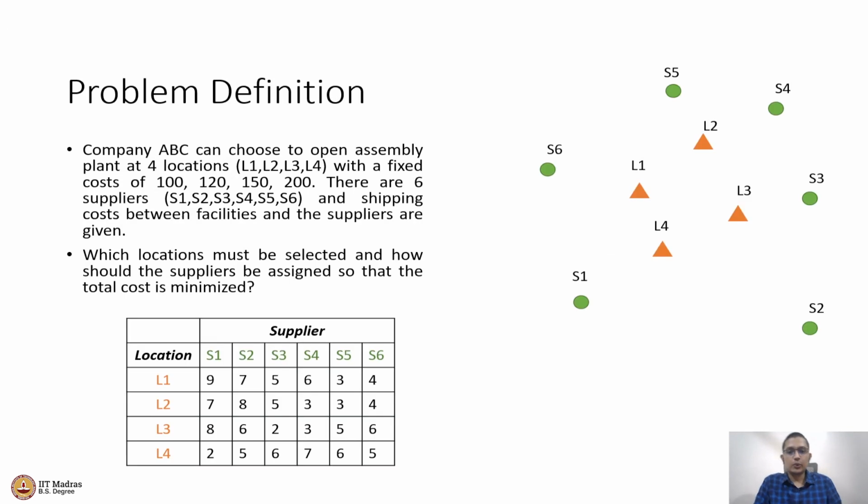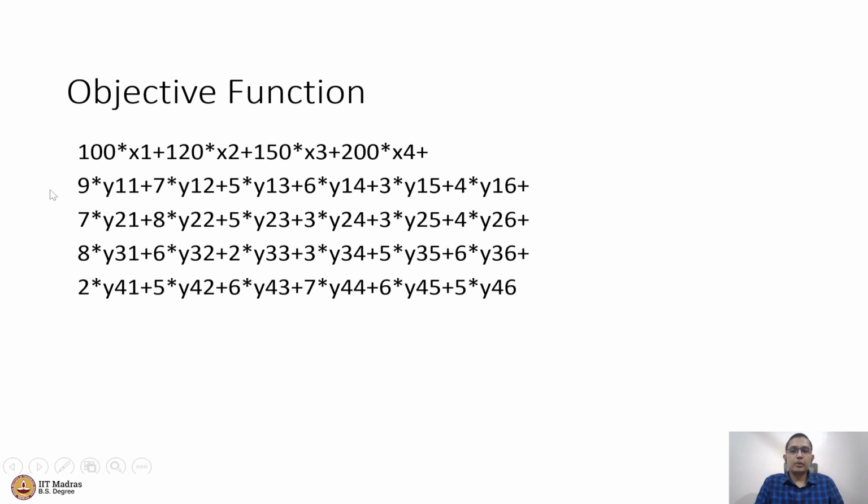So let me show that again. So here the shipping cost for all the suppliers to deliver at location 1 is 975,634. So if you look at the constraint, it's the same pricing matrix.